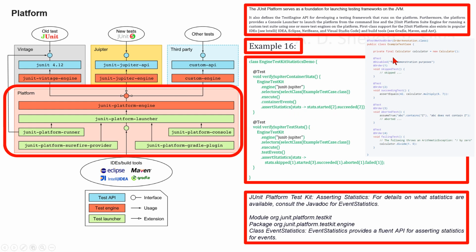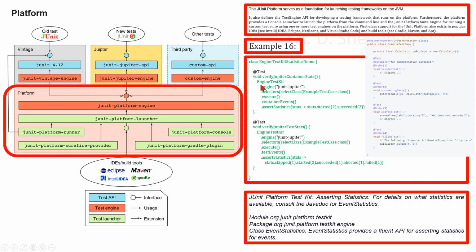The following test class written using JUnit Jupiter will be used in this example. One of the most common features of the test kit is the ability to assert statistics against events fired during the execution of a test plan.